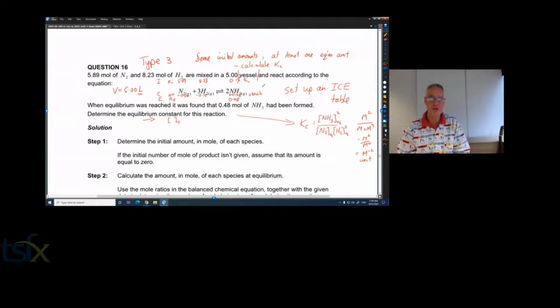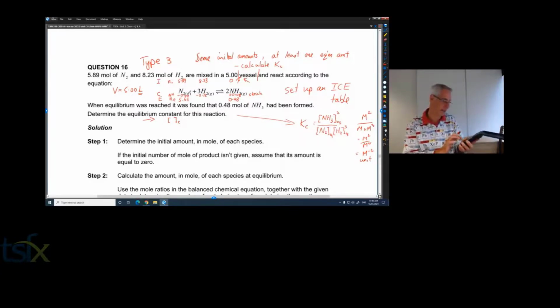For the N2, you started with 5.89, you've lost 0.24, you'll be down to 5... let me get my subtraction right. Double check I've done that right. 5.65 should be right.